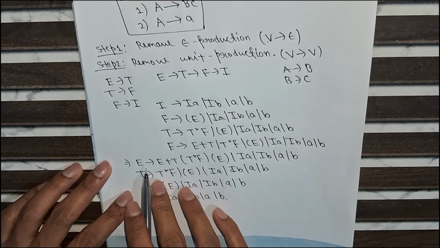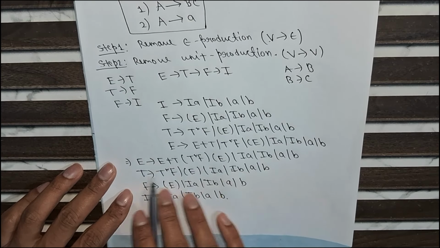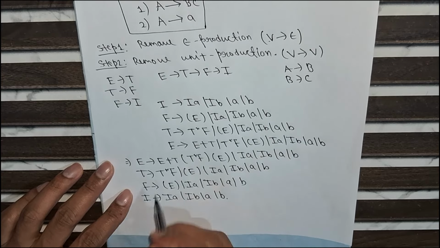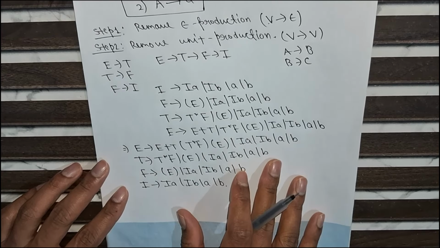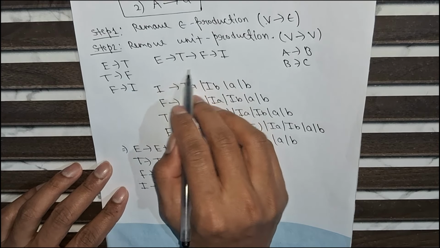Here you can see that there are no unit productions, as I have removed these variables.